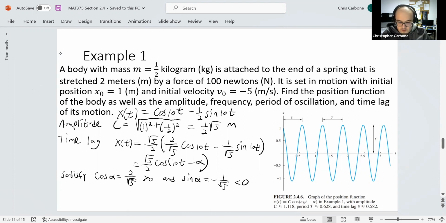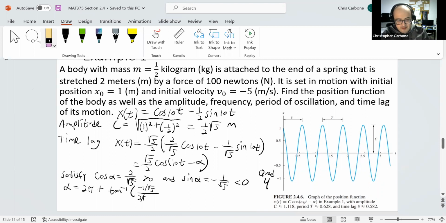So we are in quadrant 4, is what that tells us. So alpha for this would be equal to 2 pi plus the inverse tangent of negative 1 over the square root of 5 divided by 2 over the square root of 5. Let me make that more readable. One moment.